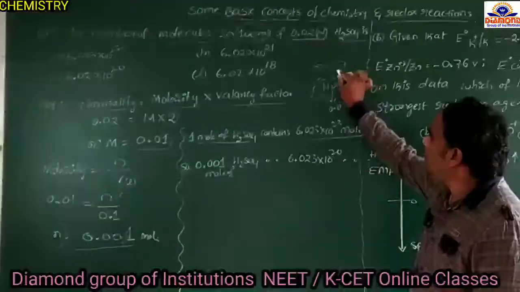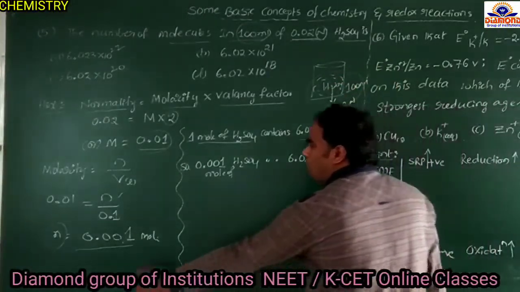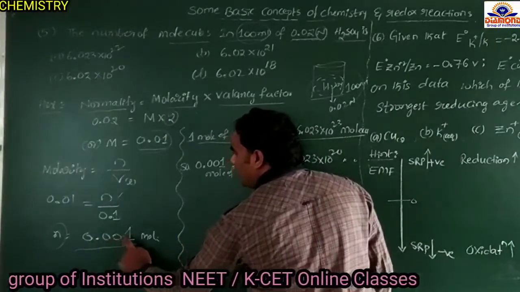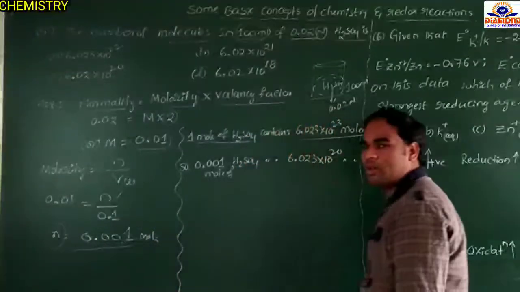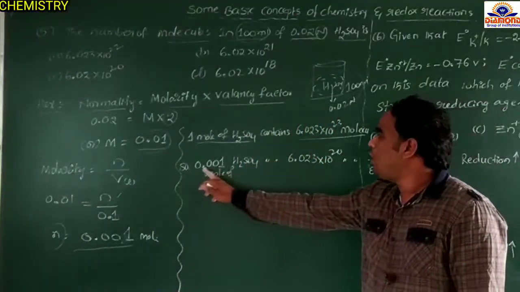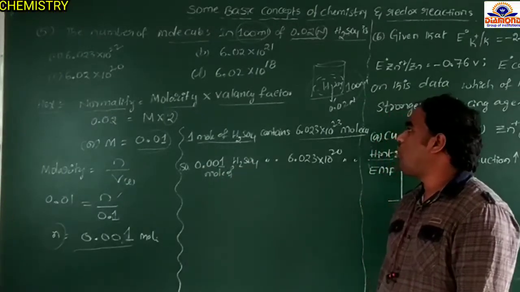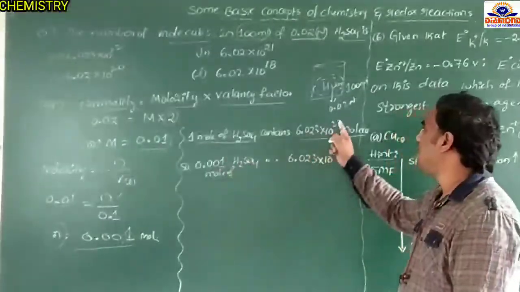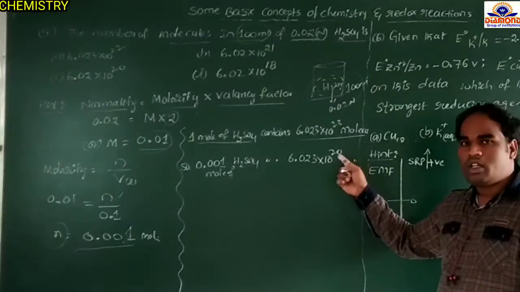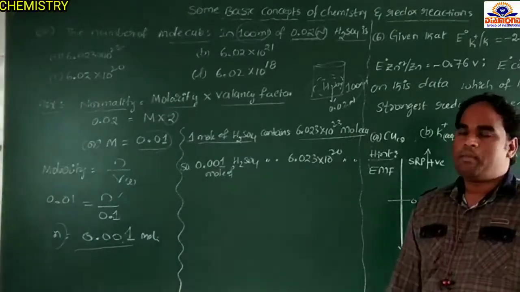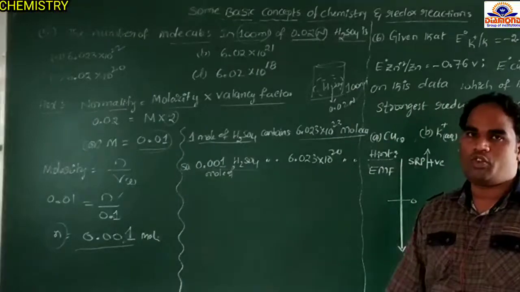But here, how many moles of H2SO4 are present? The number of moles is 0.001, which means after the decimal point there are 3 digits. Therefore, 0.001 mole of H2SO4, with 3 digits after the point, means the exponent decreases by 3. So 6.023 into 10 to the power 20 molecules are present in 0.001 mole of H2SO4.